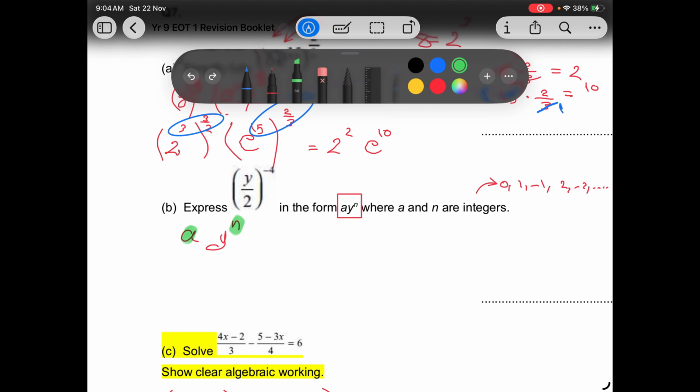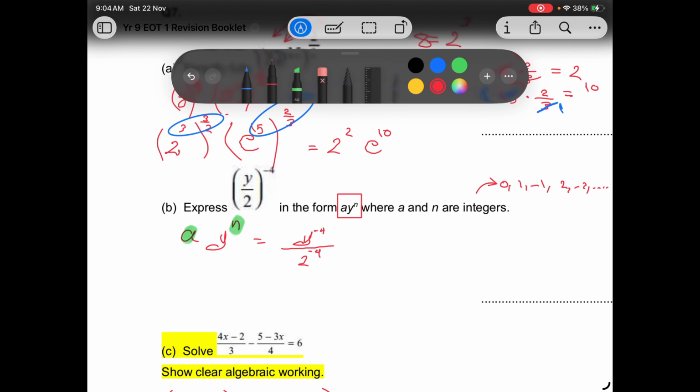So I will make it like this. Give me some time, please, guys. Okay, so it will be something like this. It will be y to the power of minus 4 over 2 to the power of minus 4.